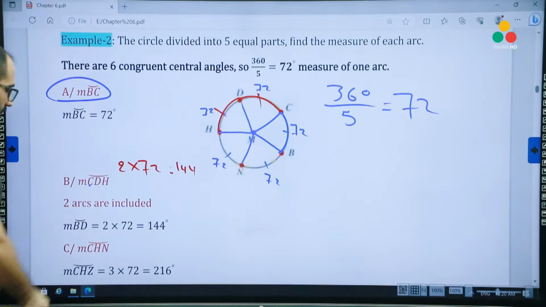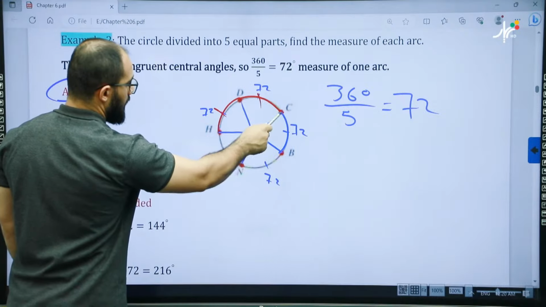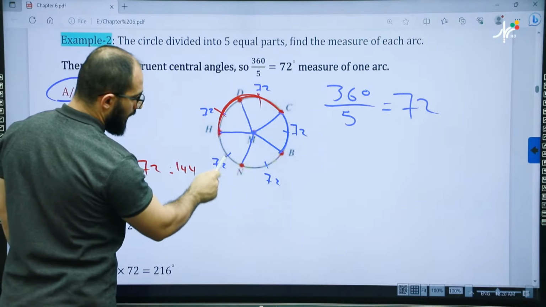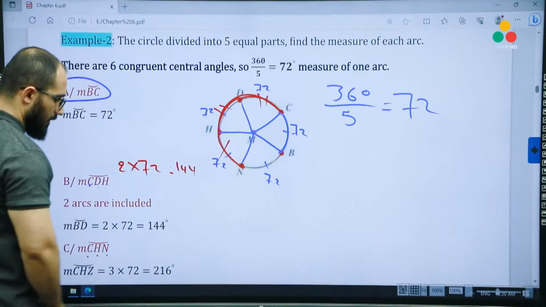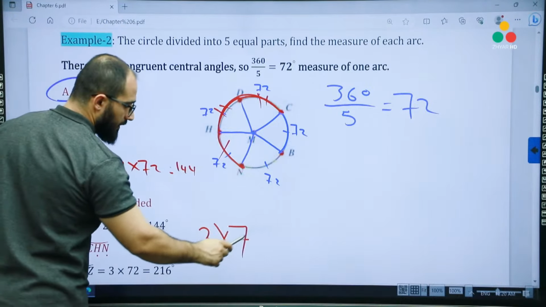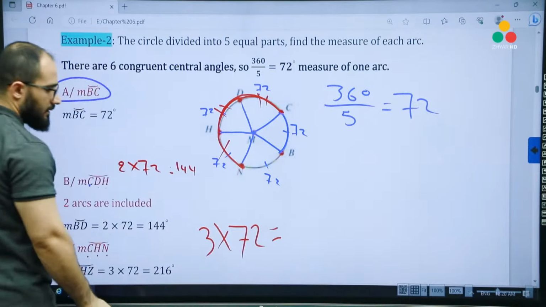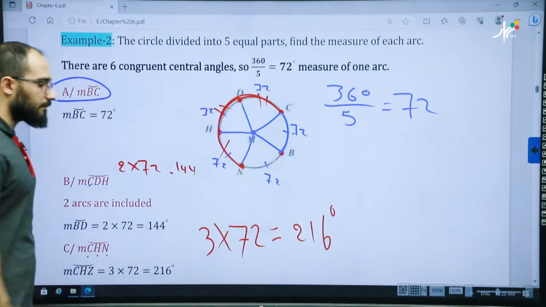Then find CHN. C until H until N. How many arcs are included? 1, 2, 3. So 3 arcs are included. The measure of each arc is 72, so it is equal to 216 degrees.